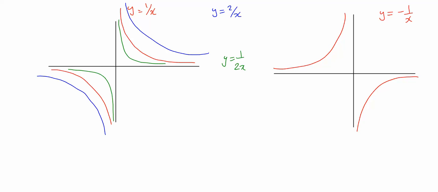And if we wanted to sketch y equals minus 2 over x, just similar to before, values of y will be double that in y equals minus 1 over x, and so we'll get a curve like this, etc.